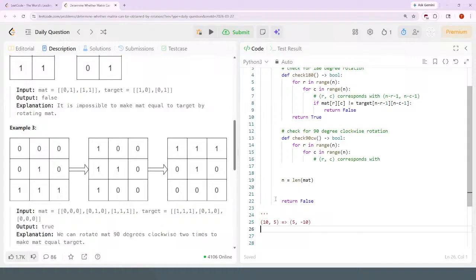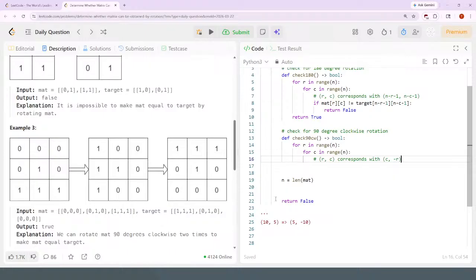Yeah, okay, so it looks like a, b corresponds to b, negative a. I think that's right. That's assuming the center is 0, 0 though.